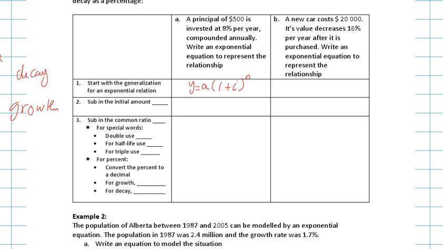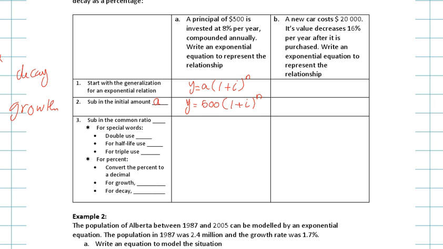Now, what's the initial amount? 500, right? So my initial amount here, which is the a value, is y equals 500. I'm just showing you steps here, but when you're doing these examples, you don't have to do these steps.